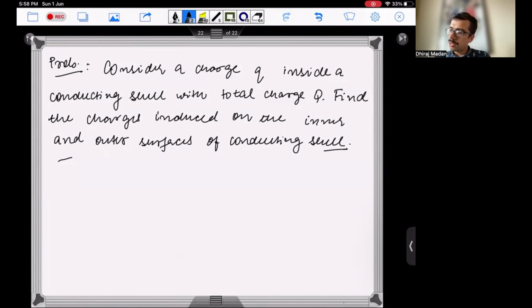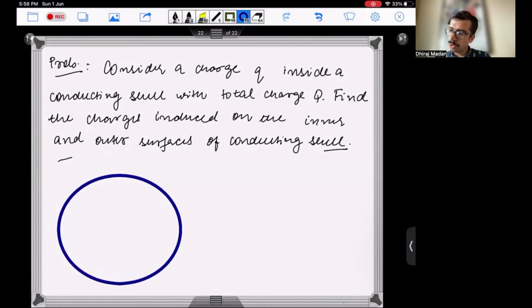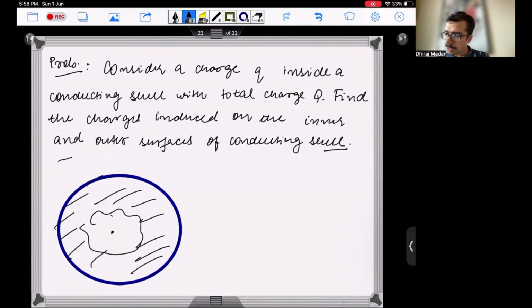So there is a conducting shell. The total charge on this is capital Q as before. But now I'm also going to have the same cavity as before, and I'm going to place a charge of small q inside this cavity.